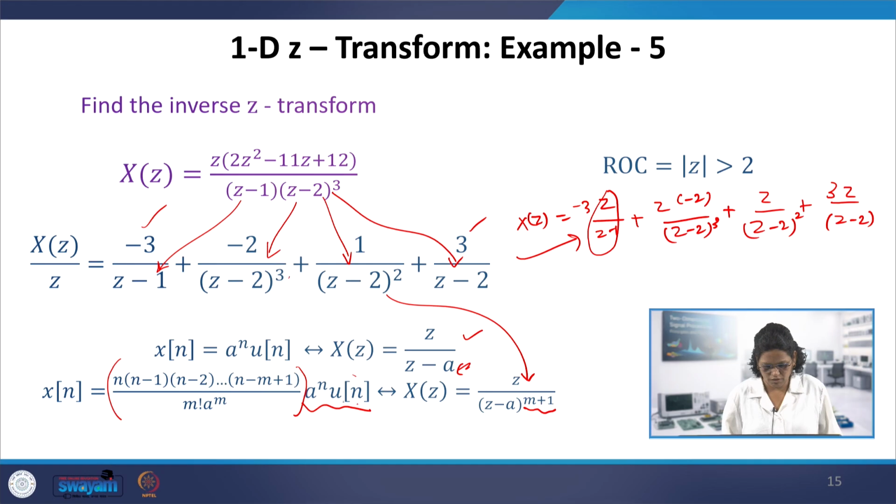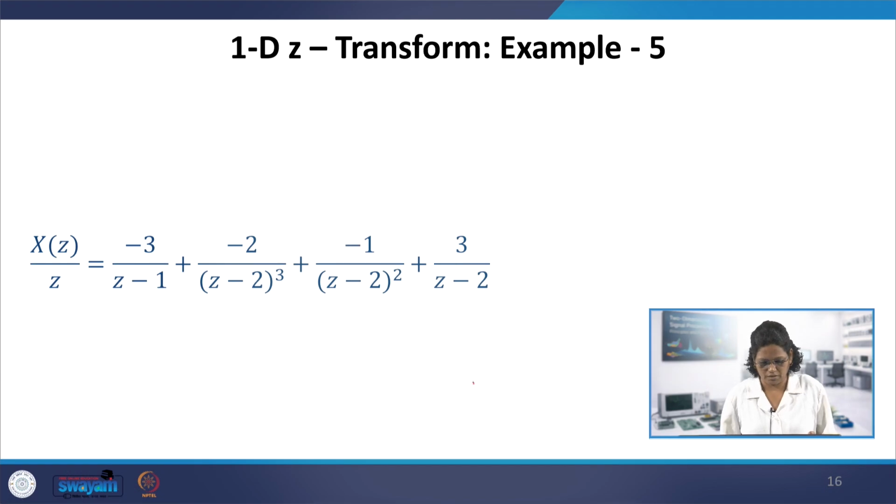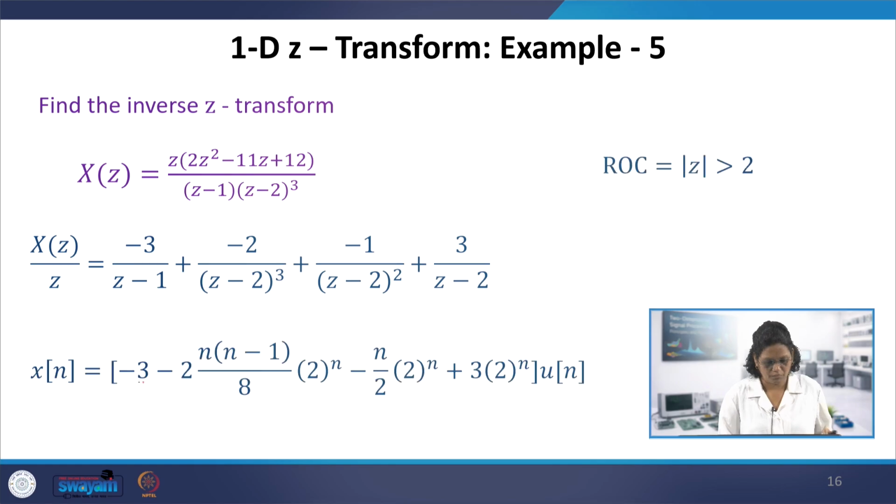Using that we can get back the sequence. For the case where m equals 2, we will have n minus 1, that is 2 minus 1, so 1. That's how it is: m factorial, that is 2 factorial, and then a is 2, 2 power 2 here. So through this z transform pair we can obtain x of n. For the minus 3 term, that is simply a power n u of n, which is 1 power n u of n. We have taken these two terms, and 3 into 2 power n u of n.